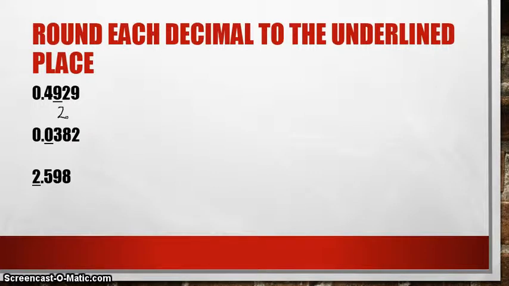So 2 is 4 or less, which means this 9 will stay exactly the same. So this is 0.49 stays the same, and you could replace the rest of it with zeros, but you don't have to because the zeros at the end of the decimal don't do anything. So try these next two by yourselves and see if you got them right in a few moments.